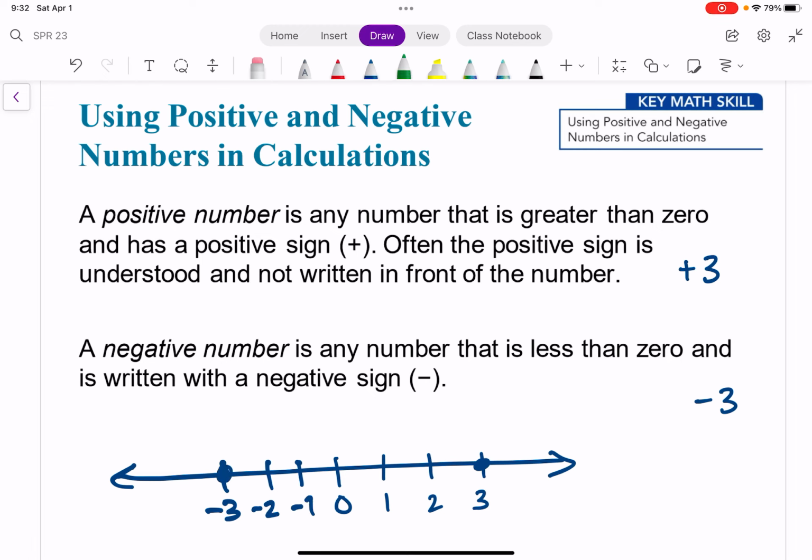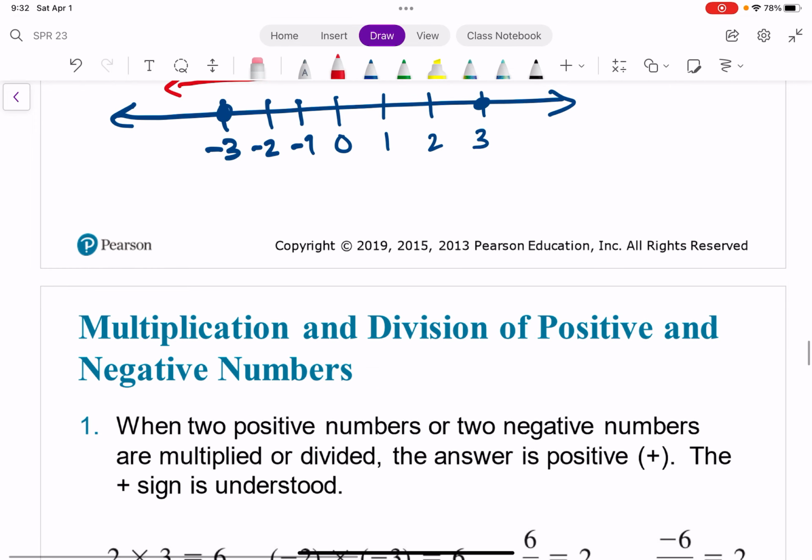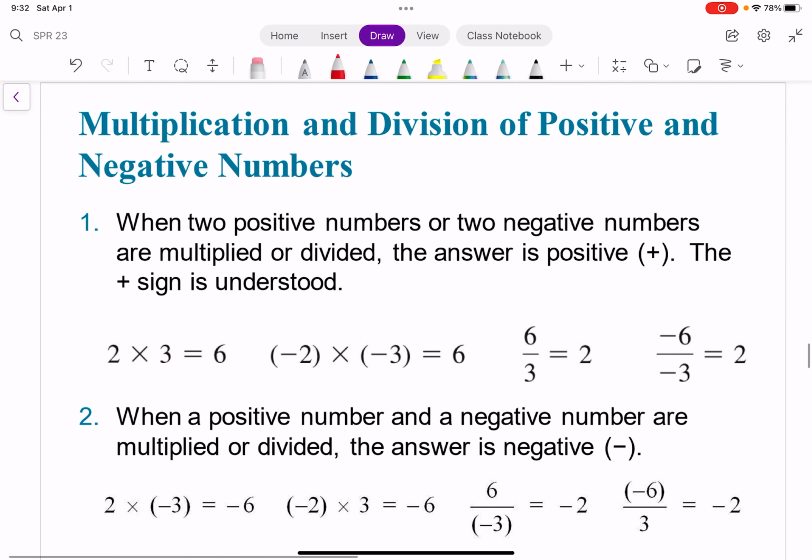So if you're going to the right, we're getting positive, and going to the left, we're getting negative. Sorry, my writing's not so great today. I apologize. So hopefully that helps, kind of seeing it represented that way. If not, take it or leave it as it helps.